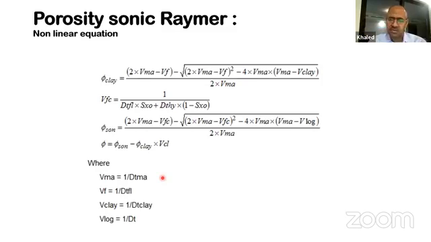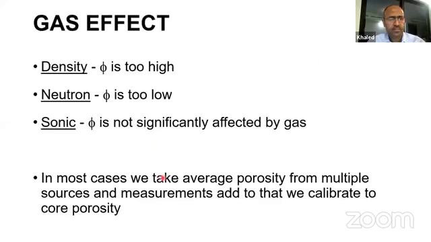So you have the porosity from density and the porosity from sonic, and you can average both. I would give advice here: don't spend too much time to see which one is more accurate if you have a lot of sources. It's very quick and safer to average them to give you the best reading. But if you have one source, yes, at that time you can calibrate to rock data.